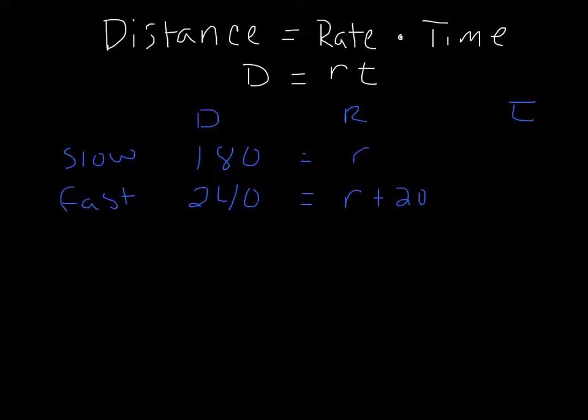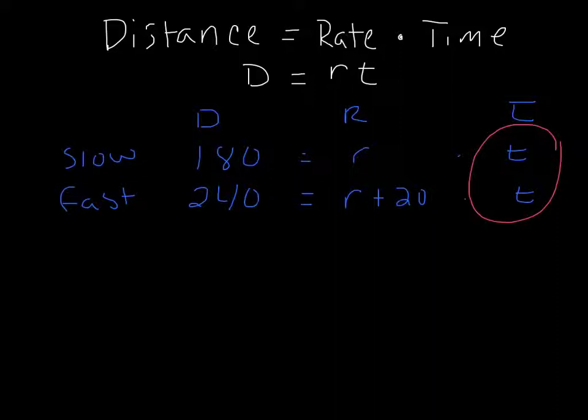Finally, we don't know how long they drove for, but we know that both of them drove for the same amount of time. So your goal is to find something that is equal in both of them, and that's the equal part.